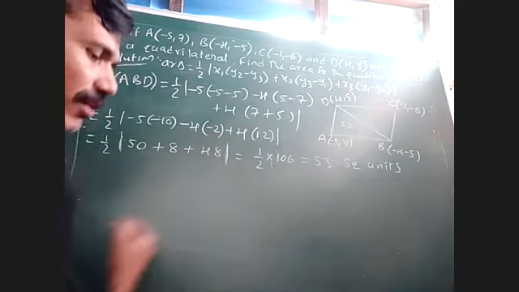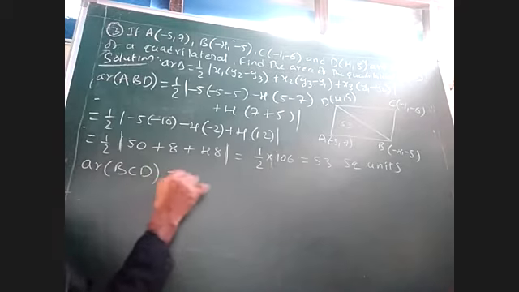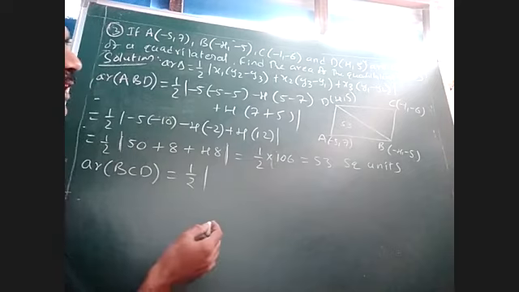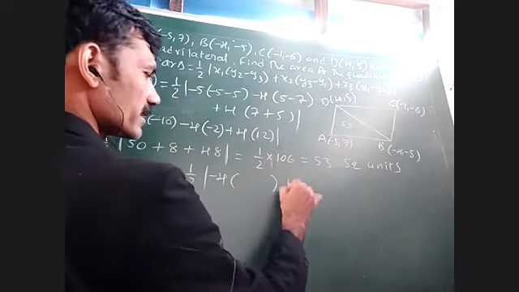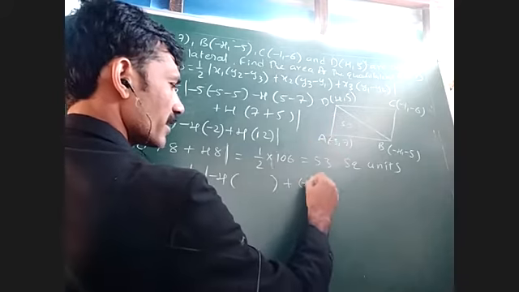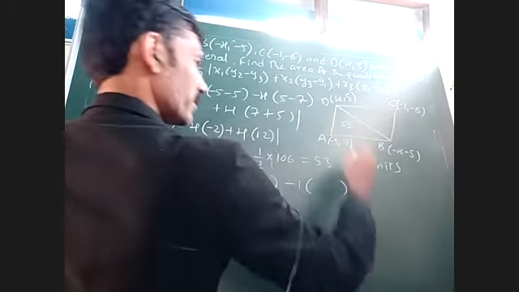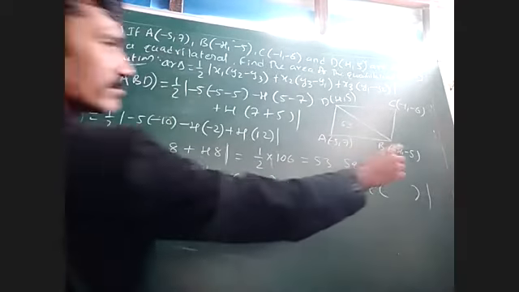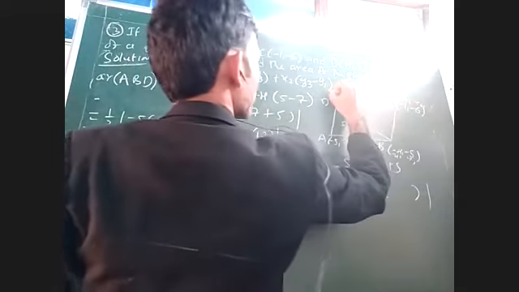Next, we will find the area of BCD. Same formula we will use. First we write the x coordinates, abscissa of B, abscissa of C, now abscissa of D, that is 4. That is x1, y1, x2, y2, x3, y3.